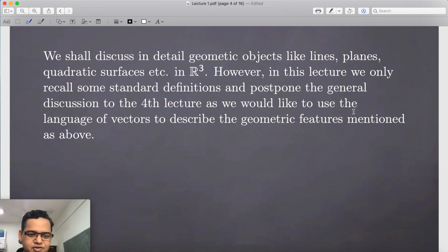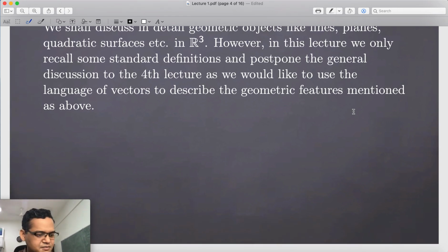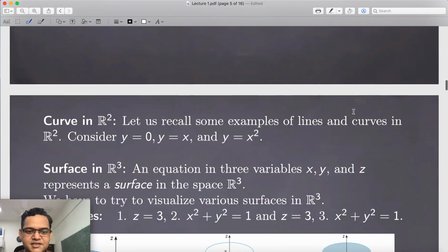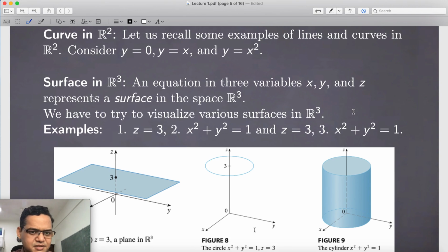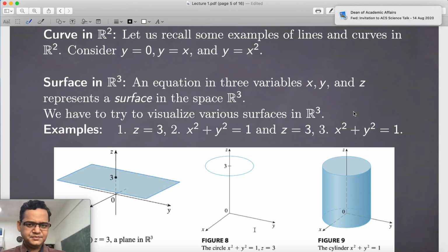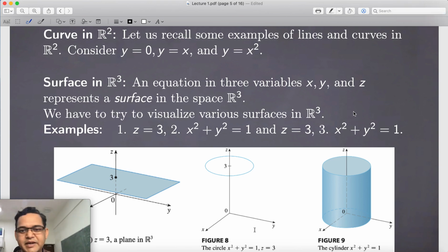Mostly these notations you already know, so let me just recall a couple of things from the Cartesian coordinates. I have written here some examples. Imagine the plane which is R2: y equal to 0 is nothing but your x-axis, y equal to x is the diagonal line, and then y equal to x square.